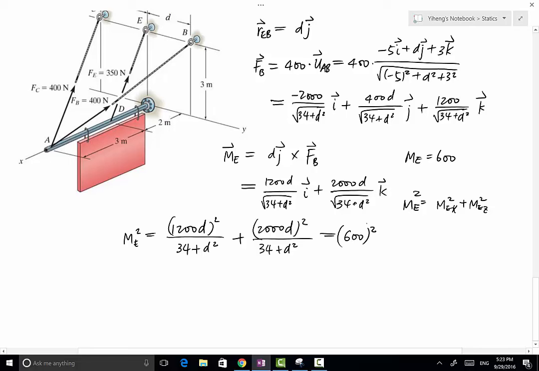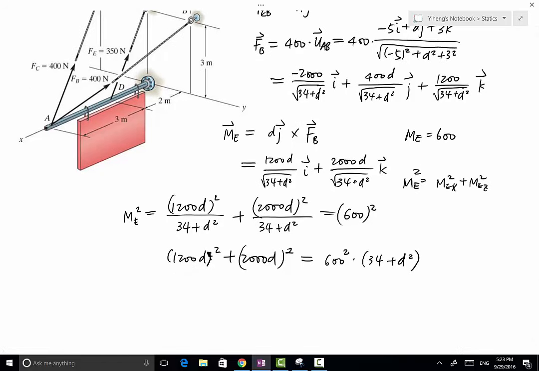So this also means that 1200d whole thing squared plus 2000d whole thing squared equals, I can multiply the denominator onto the right-hand side, 600 squared multiplied by 34 plus d squared.